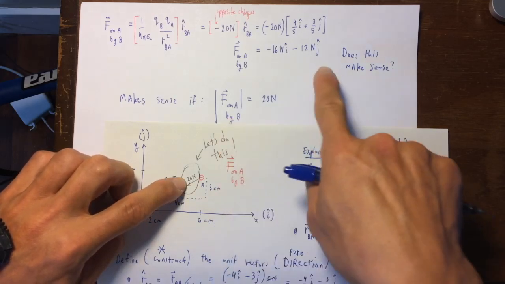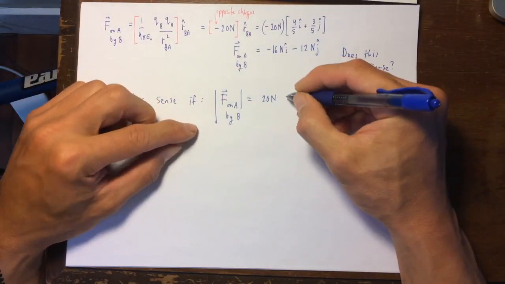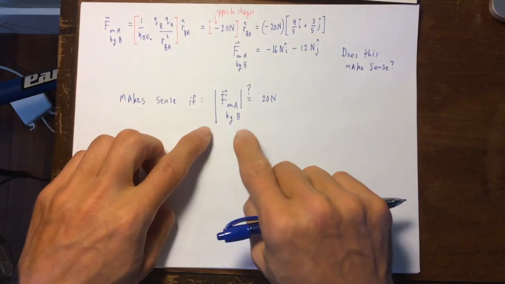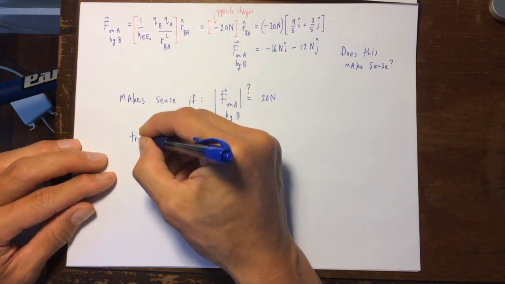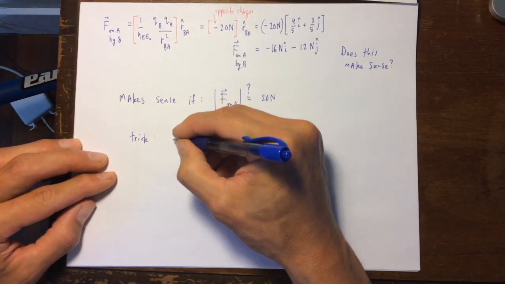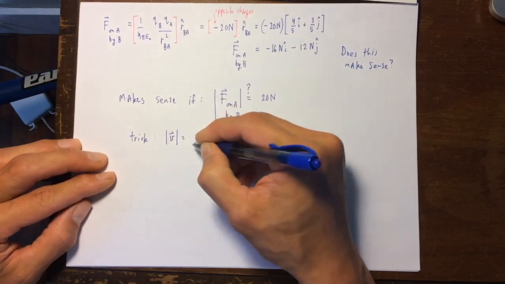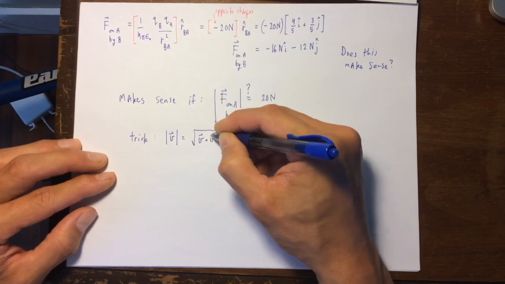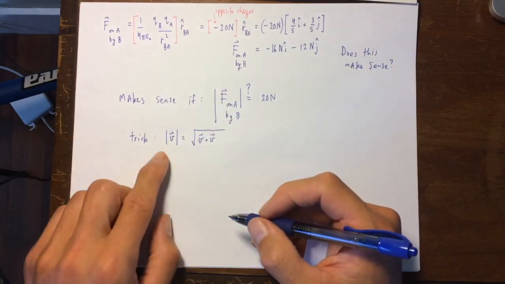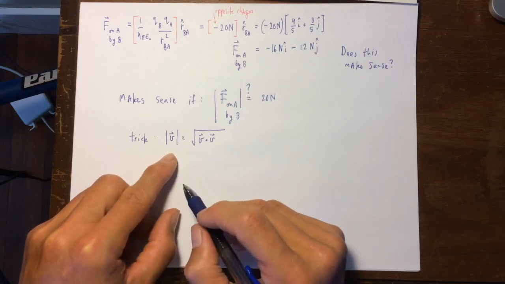So does this force have a magnitude of 20 newtons? Well, how do I do that? Let me show you a trick. The magnitude of any vector is equal to the square root of that vector dot product with itself. You could say that this is the definition of the magnitude.